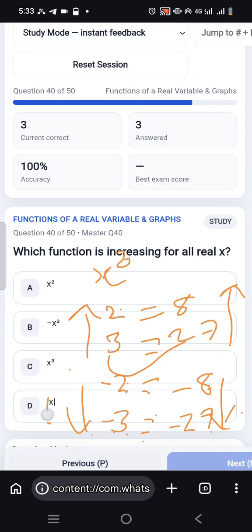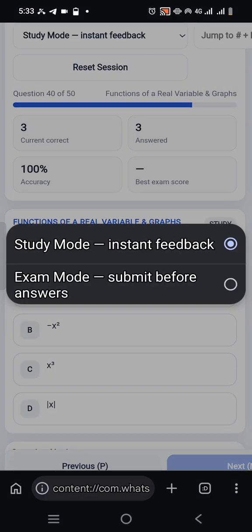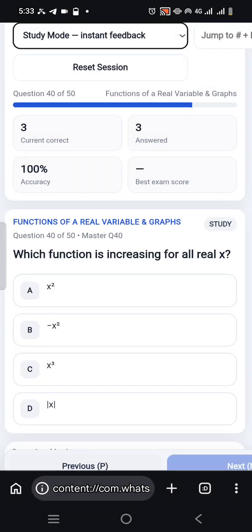But the absolute value of x falls within the same category, so it falls within the category of these three. So even though you try the absolute value of x, the absolute value of x will actually make a negative number positive, meaning that even a more negative number will become positive.